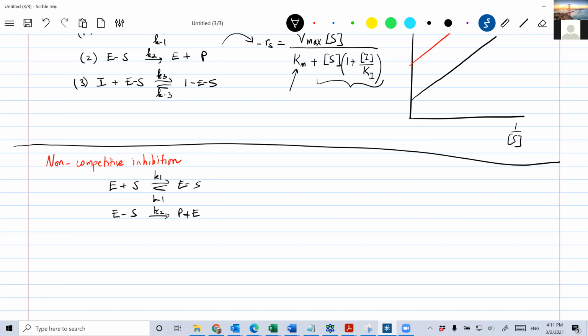Now this is small k, by the way. So here's what happens. The inhibitor binds every form that is present. So the inhibitor binds the free enzyme. The inhibitor binds the enzyme-substrate complex.